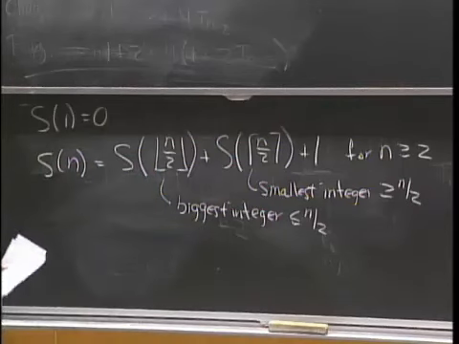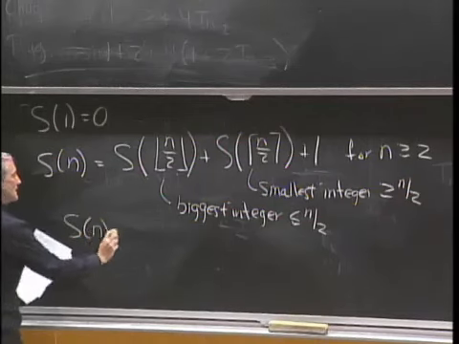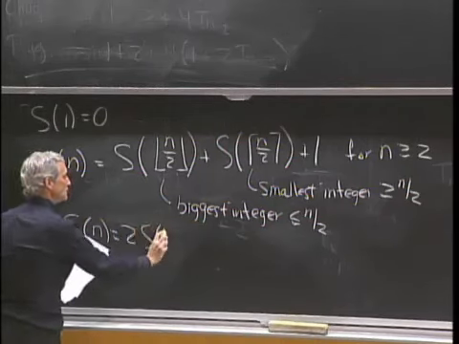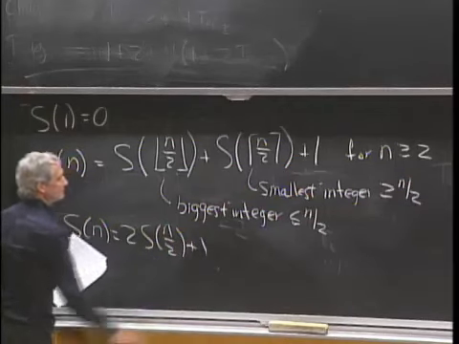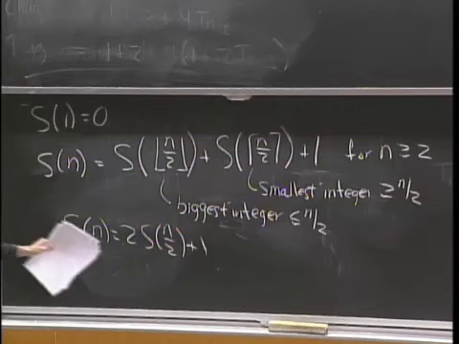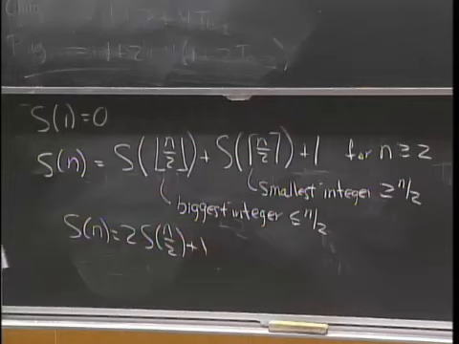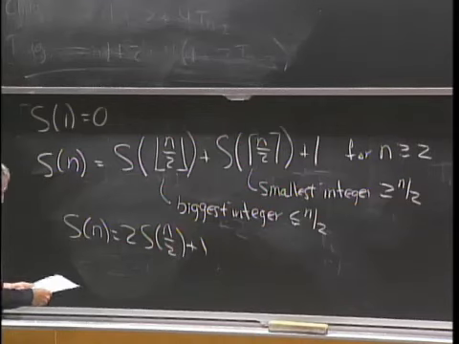All right? Now, if we had just powers of 2, this would be much easier to write. It would just be S of n equals 2 S of n over 2 plus 1. All right, so it's analogous to what we're doing up there, where we're just adding 1 instead of n minus 1. But I'm being careful now. I'm going to make this recurrence work for all natural numbers, because sometimes in reality you're dealing with non-powers of 2.